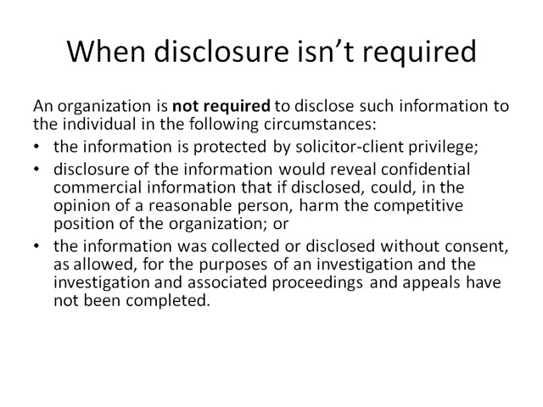First, that it's protected by solicitor-client privilege. So if you sought legal advice about a situation, that information is privileged. You're not required to disclose to the individual that you discussed their personal information with a legal advisor.